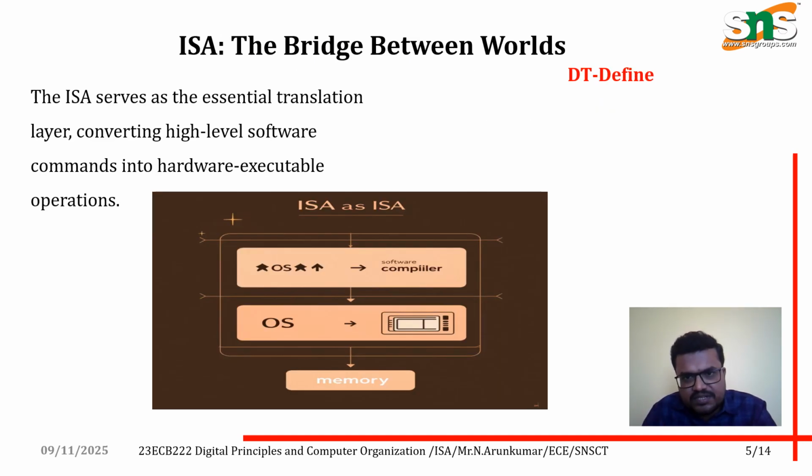The bridge between the worlds is operating systems and their compilers. The operating system is the standard one which gets the information by fetching the input signals, so that it will be forwarded to the compilers. When the compiler runs the information, it needs to be verified using the memory elements, because after getting the information from the compiler, it will be stored in the memory units.